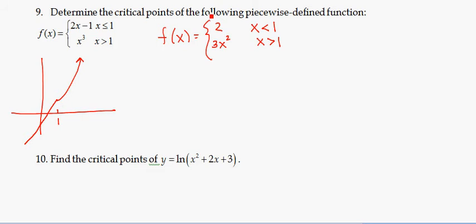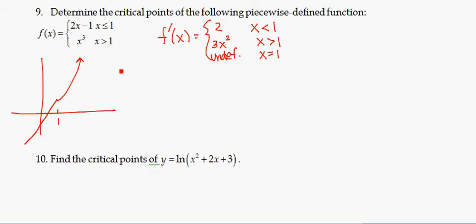And the answer is no, because from the left, as I approach 1, the slope is constant, 2. As I approach 1 from the right, the slope is 3 times 1 squared, or 3. So coming from this direction, the slope is 3, and coming from this direction, the slope is 2. So right at x equals 1, the derivative is undefined. Okay, and I meant to write f prime of x, sorry.